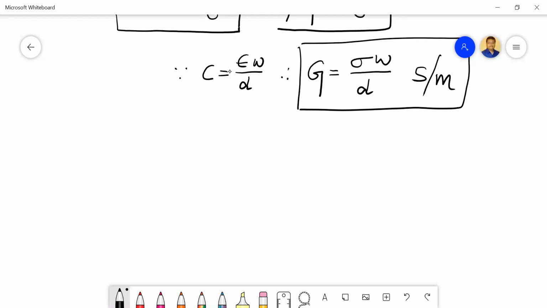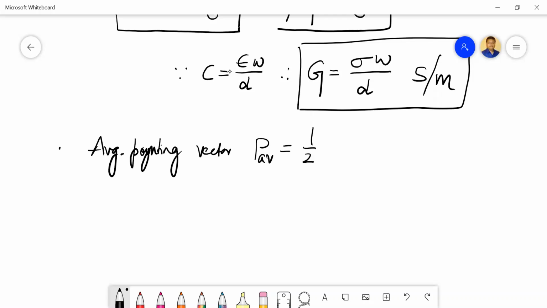So let's do it for the average Poynting vector. How will we define it? P average is equal to half of real part E cross H star. What are we missing here? Star. And we are taking the real component of this. Fine.